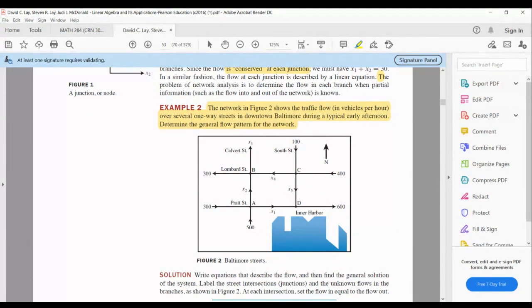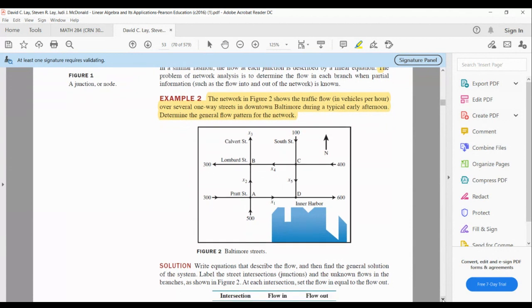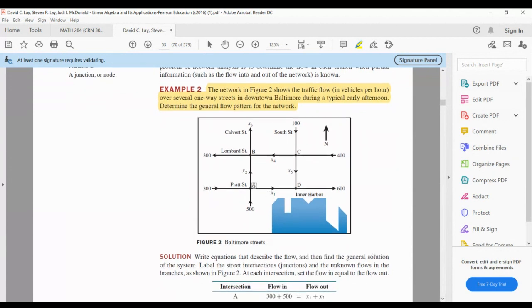Okay, so for instance, if you look at junction A, where you have the intersection of Calvert Street and Pratt Street, you have 300 vehicles per hour coming into junction A off Pratt Street.